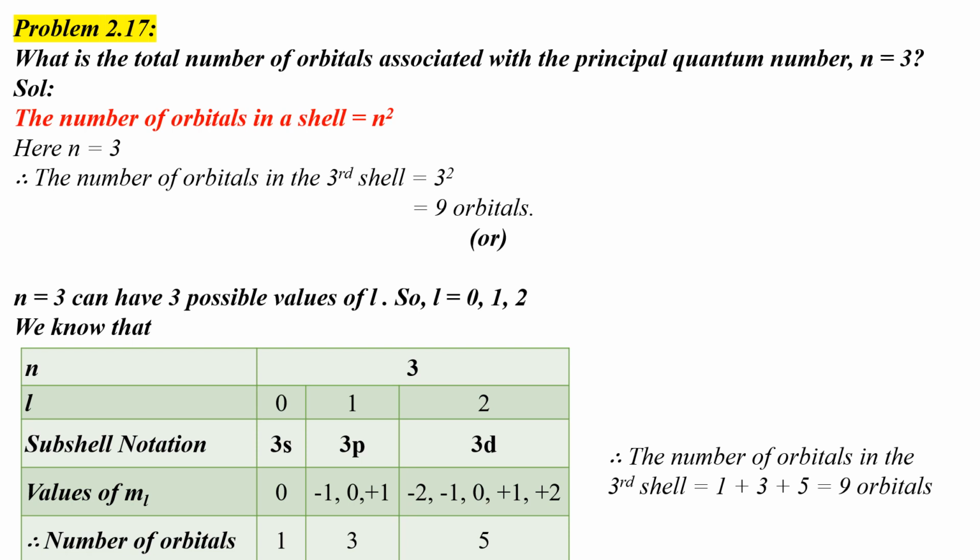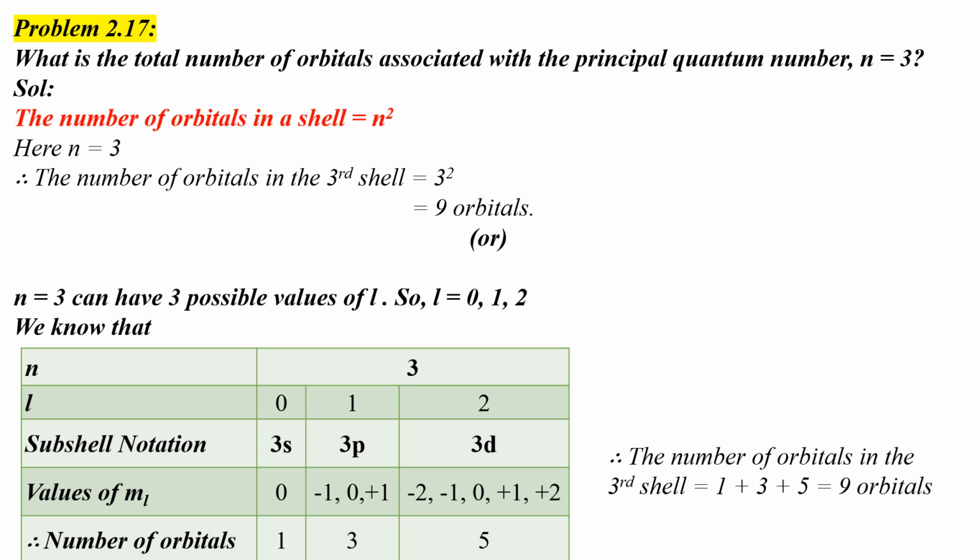So these represent the number of orbitals possible in 3s, 3p and 3d. When the value of ml is 0, it means there can be 1 orbital. When there are 3 values, it means there are 3 orbitals. When there are 5 values, it means there are 5 3d orbitals. So, what is your answer?